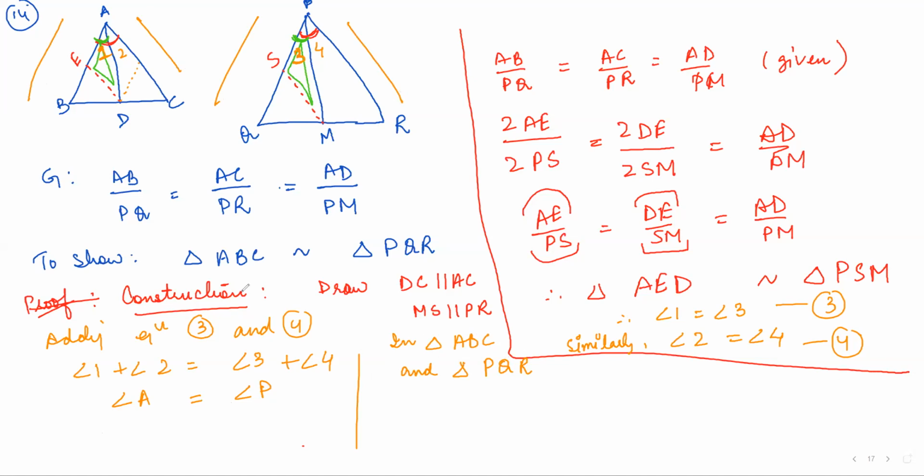Now this thing is given to me that AB by PQ is equal to AC by PR, right? These two sides are given. And the angle between these two sides, we have shown that angle A is equal to angle P, which is proved. So by SAS criteria, triangle ABC is similar to triangle PQR by SAS.